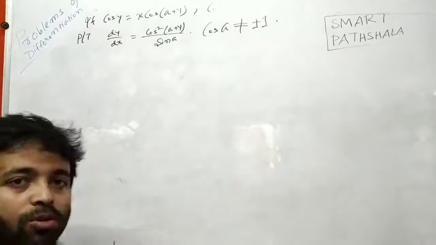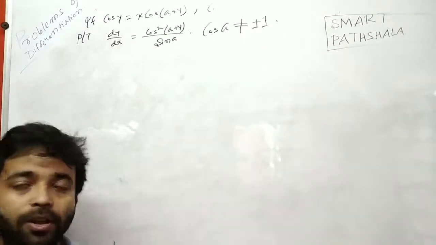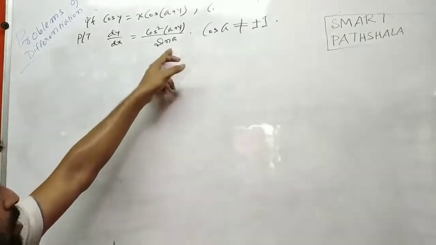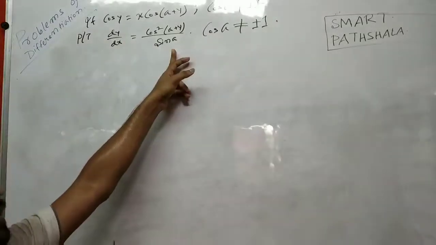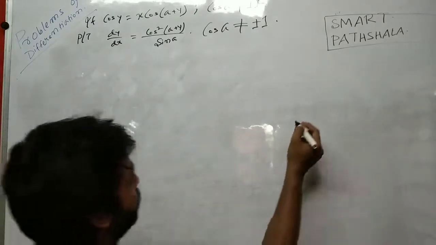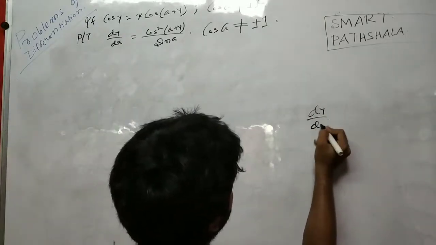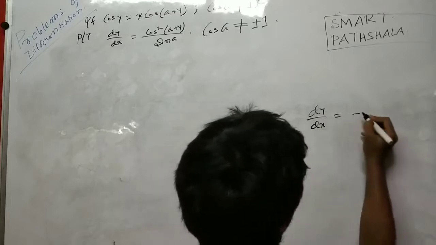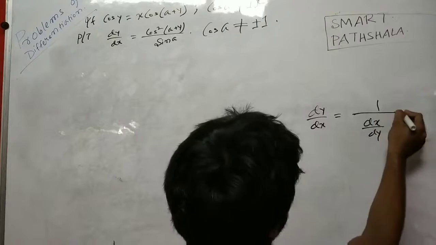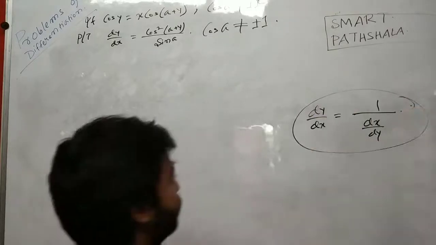Now, I want to grab my viewers' attention to the fact that the right hand side of this derivative does not contain any term of x, right? It only has y. Now we know the relation between dy dx and dx dy is that they are reciprocal of each other.